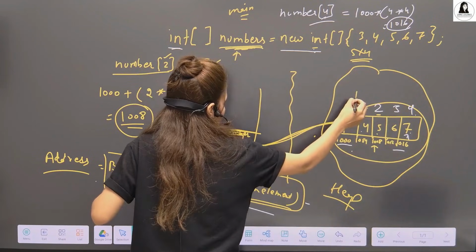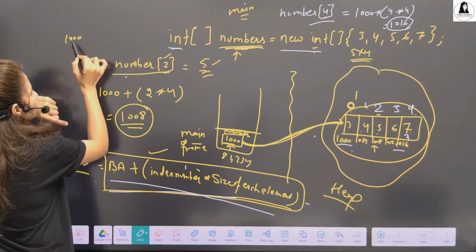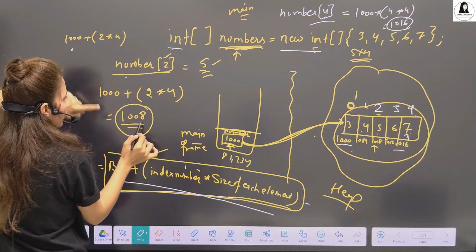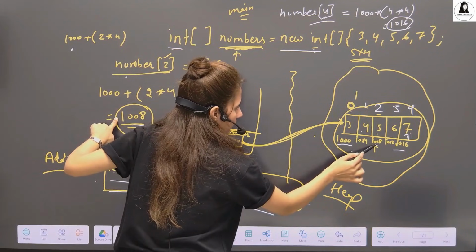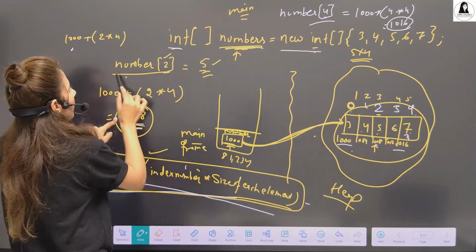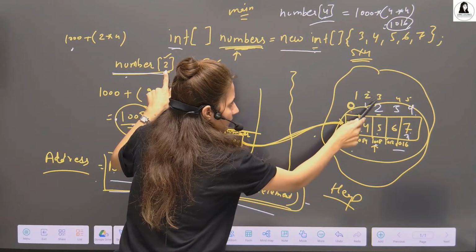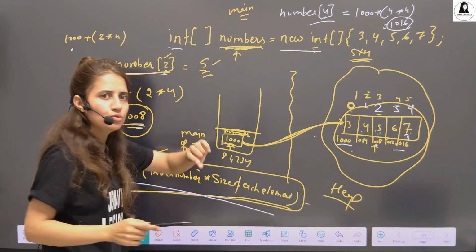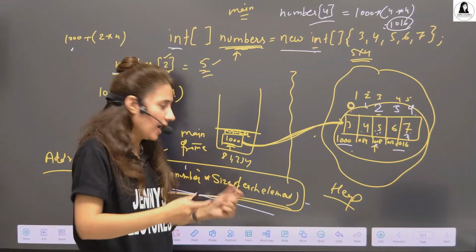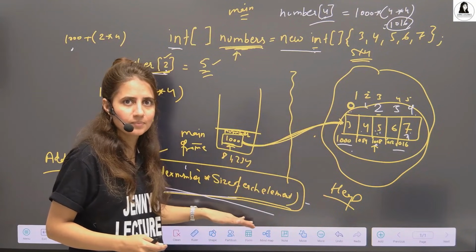Suppose array index starts from 1, and if I write num 2, what will it give? 1000 plus 2 into 4. So it will give you 1008. At 1008 we have this, right? And array index starts from 1, like 1, 2, 3, 4, 5. Number 2, I want the second element. Second element is this, but it will give you the third element at 1008. So you have to do some subtraction from this formula. That would be one more step added to this formula. And if it starts from 0, then it's simple.